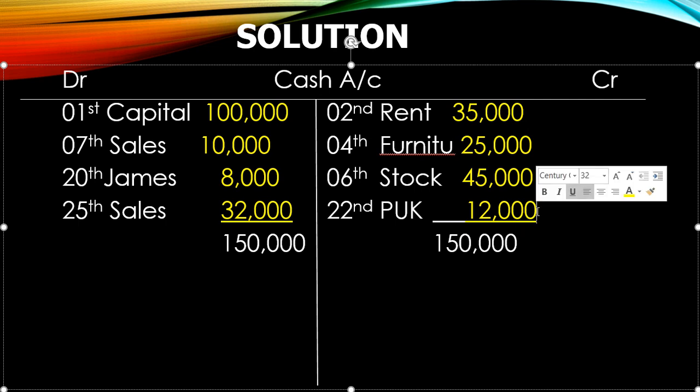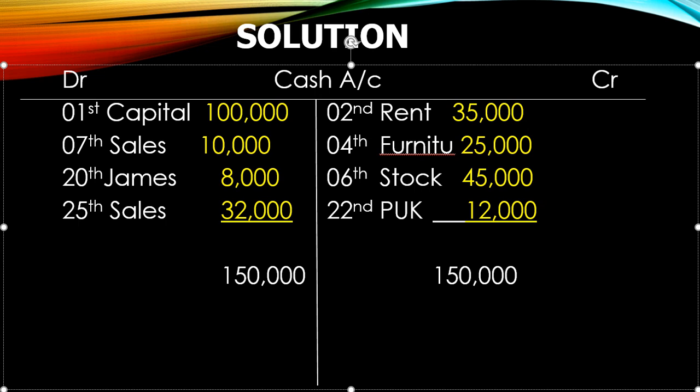So now if you get 23,000, it means that the balance carried down will be 23,000.